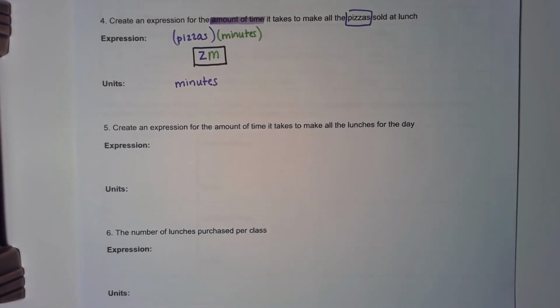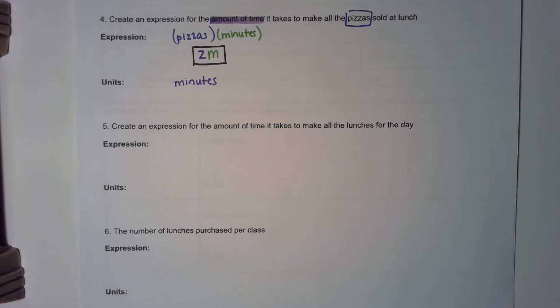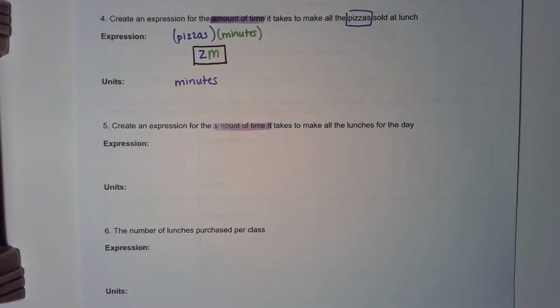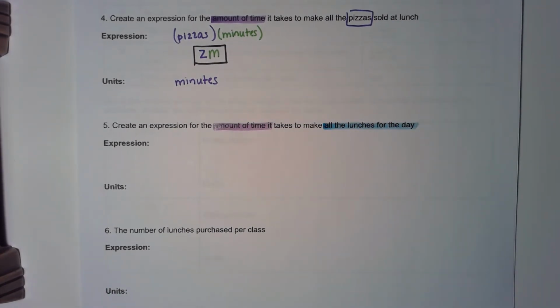For number 5, it says create an expression for the amount of time it takes to make all of the lunches for the day. So we want the amount of time that it takes to make all of the lunches for the whole day. Well, that means we want not just the time for the pizzas, but the time for the salads, the sandwiches, and the pizzas all added up.